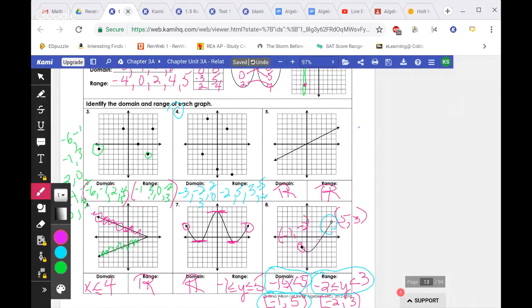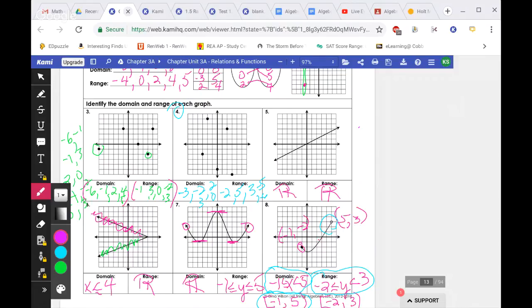Okay, Kennedy, for number 3, I didn't actually go over one of these examples yesterday in class. It was a little bit more of some of the stuff that we did on Friday, really, but this is a discrete graph, which means it's not connected.